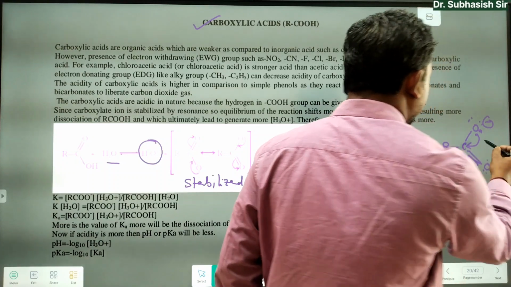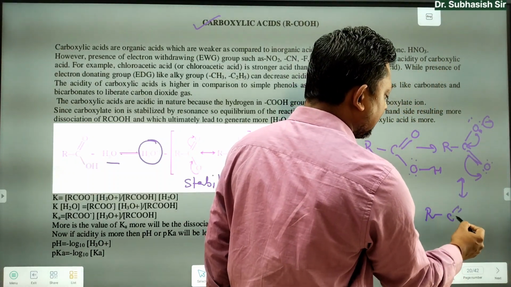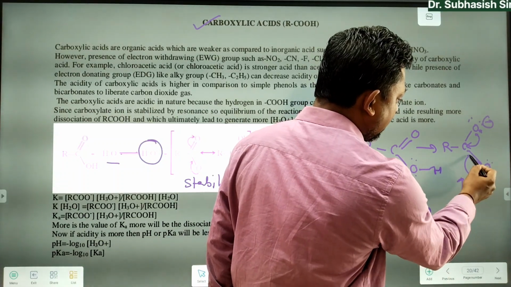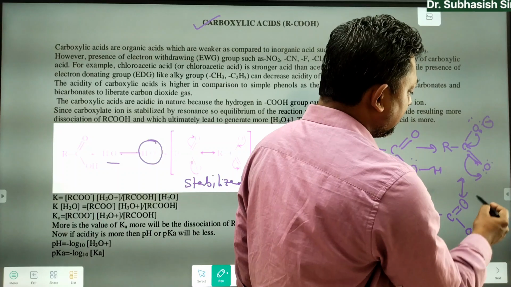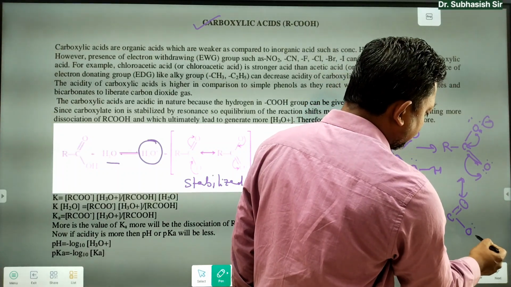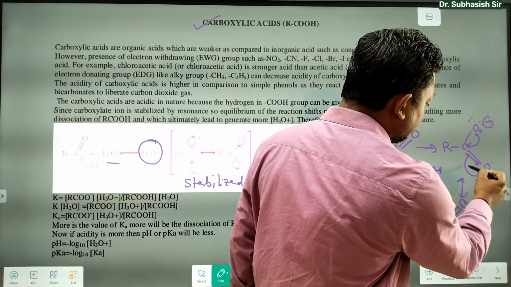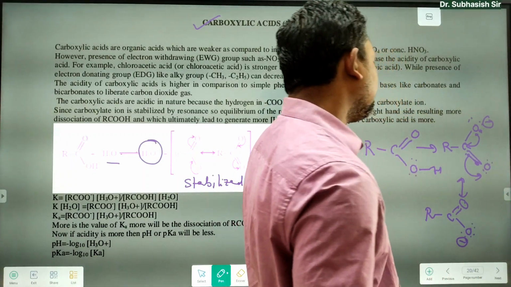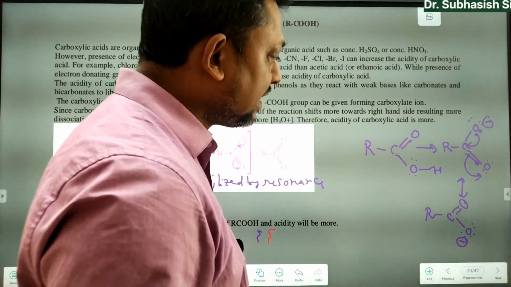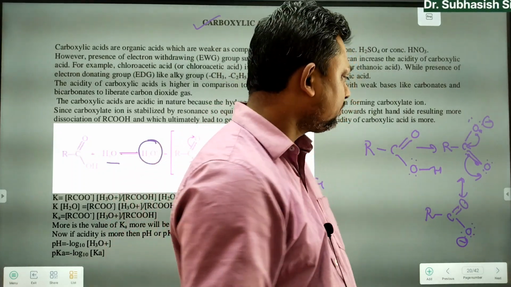Whenever this electron comes to this carbon, they will make the double bond, and this bond will open to form a single bond, and two electrons were already there. Ultimately you will get a negative ion. So this negatively charged oxygen is called the carboxylate anion.